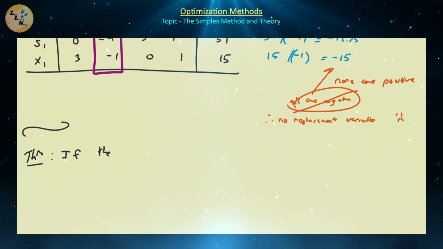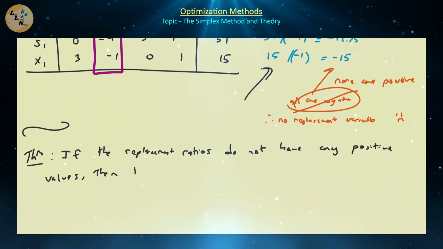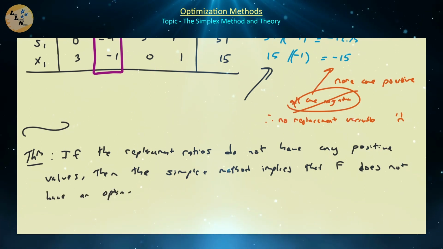If the replacement ratios, that's what we're calculating over here, do not have any positive values, then the simplex method implies that f does not have an optimal solution due to unboundedness.